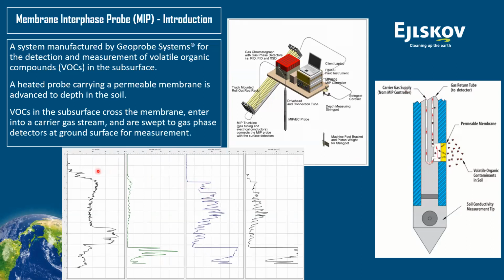This is an example profile of what you can obtain by using MIP. The first graph is the EC, so you get a feeling of the soil type that you may be drilling through. This is a site where we had an overburden of clay above a fairly permeable aquifer.